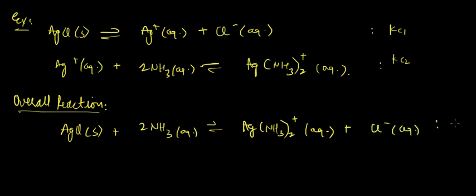So let's say the equilibrium constant for this was Kc. So we can easily say that Kc would be equal to Kc1 into Kc2.